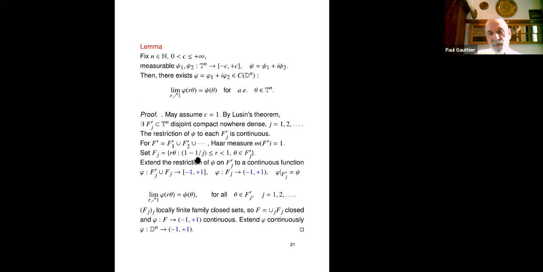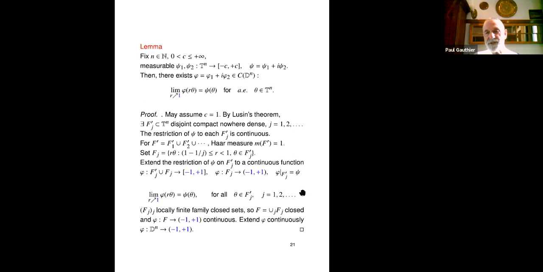So given these subsets on the boundary, we just extend them into the inside by these rays. But notice that these rays get shorter and shorter. And then we extend the restriction on the boundary sets to continuous functions on the rays. And then the limit of this extension is equal to the function by definition.